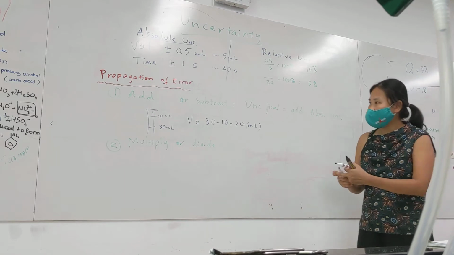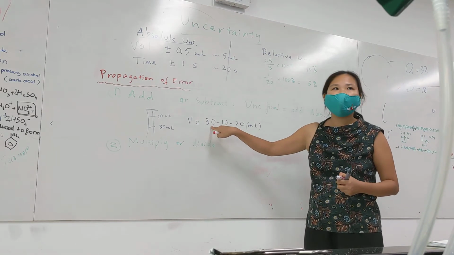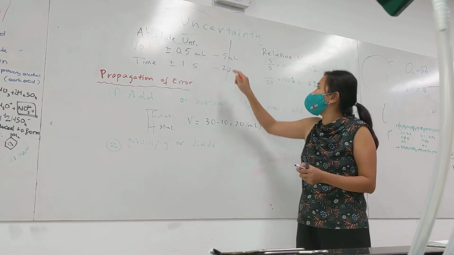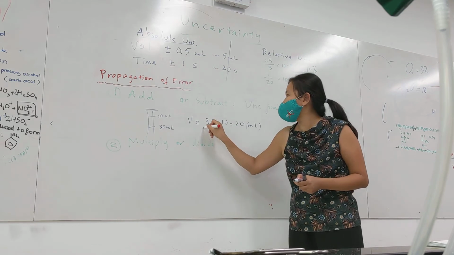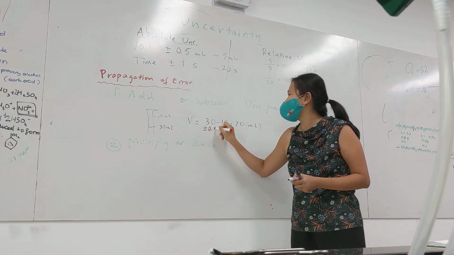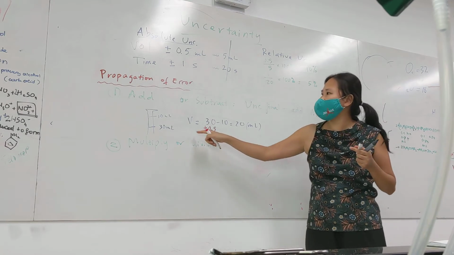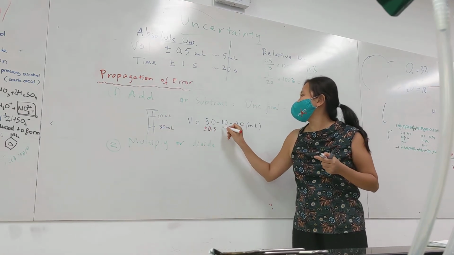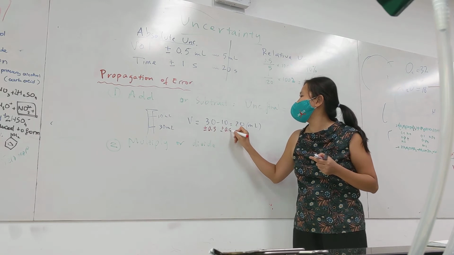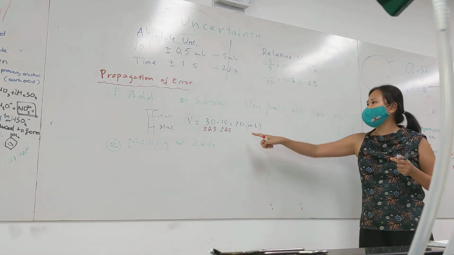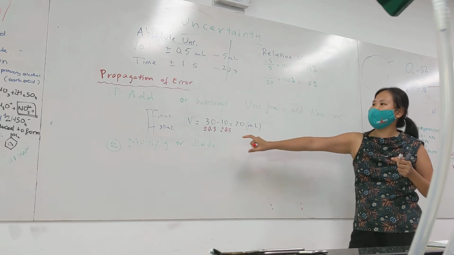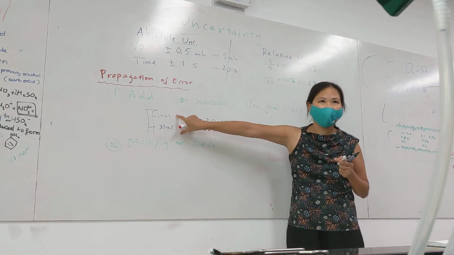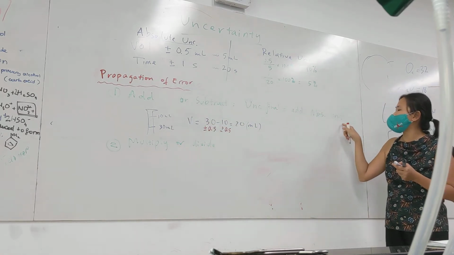Well, this 30 milliliter has an absolute uncertainty of plus or minus 0.5, right? So it's 30 plus or minus 0.5 is this reading. This 10 is also plus or minus 0.5. So when you're subtracting the two numbers, you have to add the absolute uncertainty.